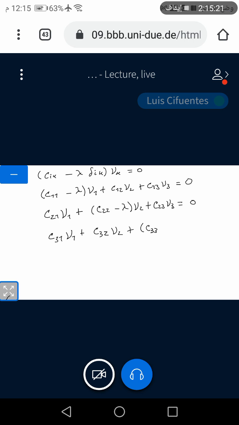Now we have 1 minus lambda, v3 equals 0. This is the solution for exercise C. Now D.